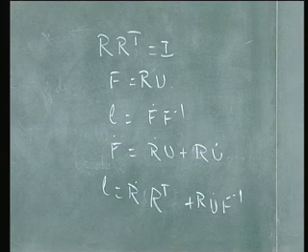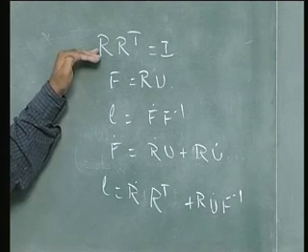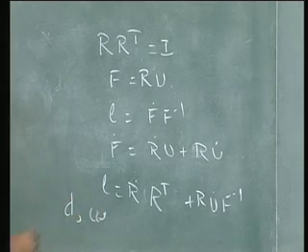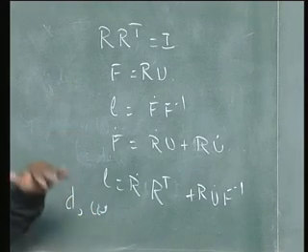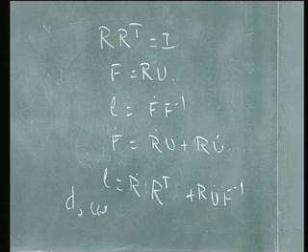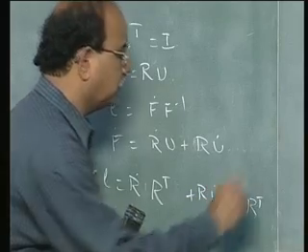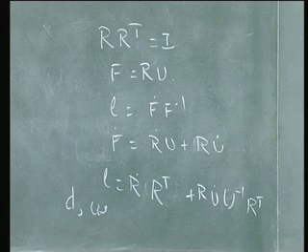Now what I want you to do is very simple. Now that I've written L, now that you have an expression here, write down the expression for D and this omega, or W, small w. Okay, write down an expression for these two and tell me what the expression is. That's all. If you want, you can replace this by U inverse R transpose, because R inverse equal to R transpose is what we are using there.